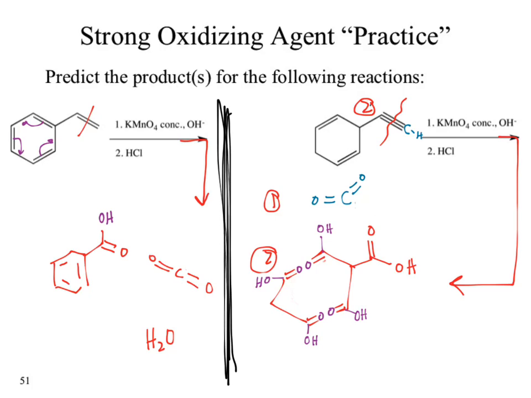When I move to a triple bond, every bond of the triple bond needs to be turned into a bond to an oxygen. The specifics on where that oxygen is coming from would be looking at the mechanism. We don't need to know that detail. If you would like to, talk to me after class and we can work through the mechanism.